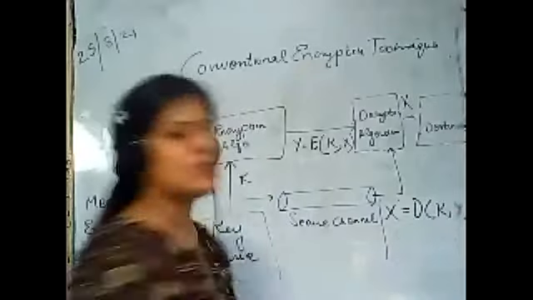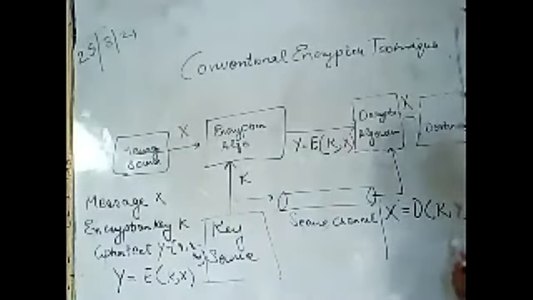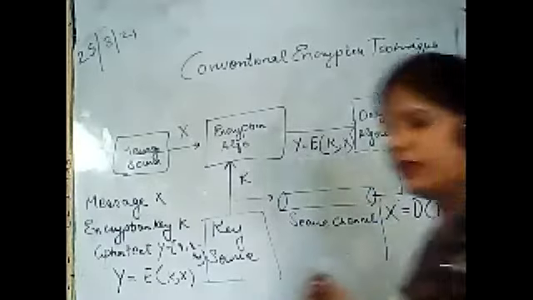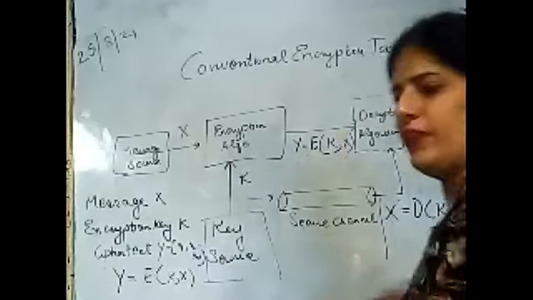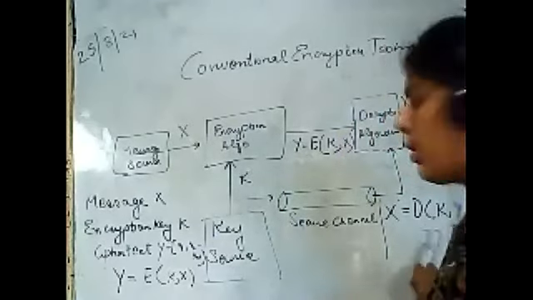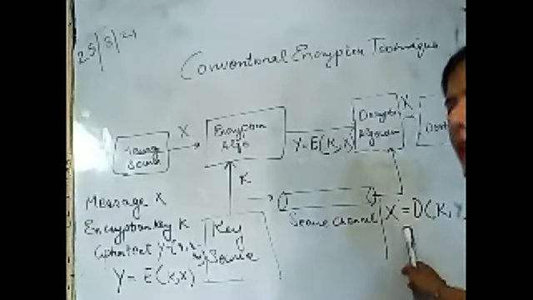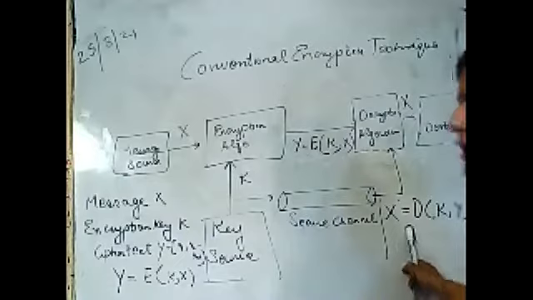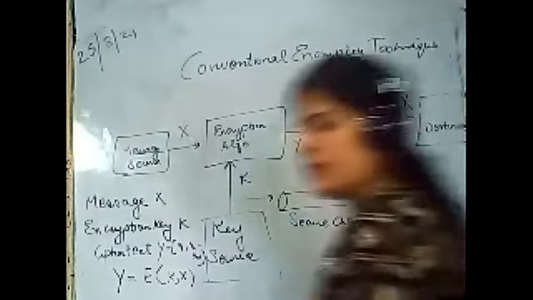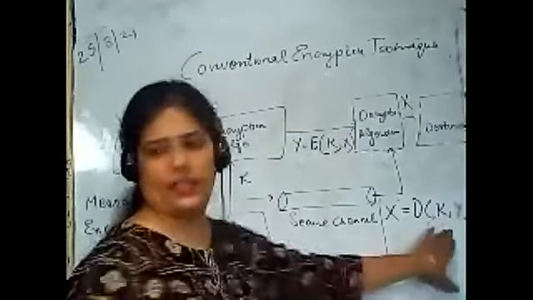Y is what? That is the ciphertext we have received. Y represents the ciphertext here. Now we are applying that key on this ciphertext message in order to get the plain text message. So to get that plain text message, we need to apply the key on the ciphertext.